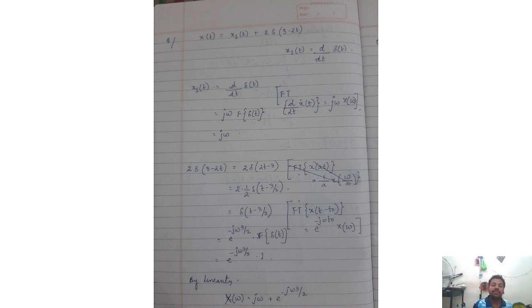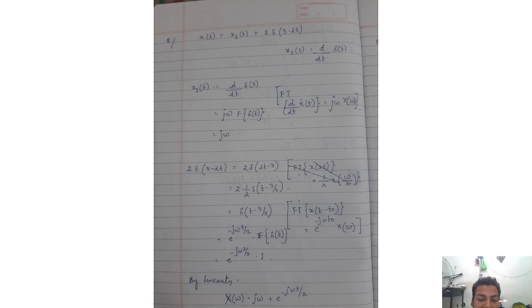This property will make our life easier and help to solve this problem easily. So x1 of t is d dt of del of t. By using this property, it can be written as j omega into the Fourier transform of del of t. The Fourier transform of del of t means the Fourier transform of the impulse function, and we have checked just now that the Fourier transform of the impulse function equals 1.